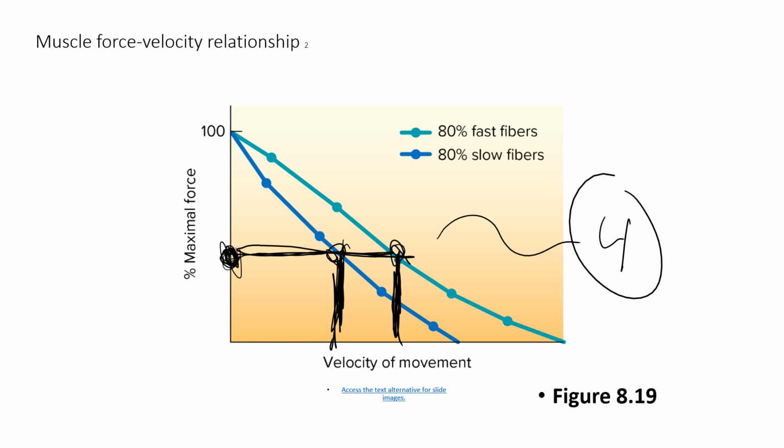But the myosin heads within the person that has mostly type 2x, those myosin heads would actually be cycling at higher velocities, pulling actin towards the M line at a higher velocity.